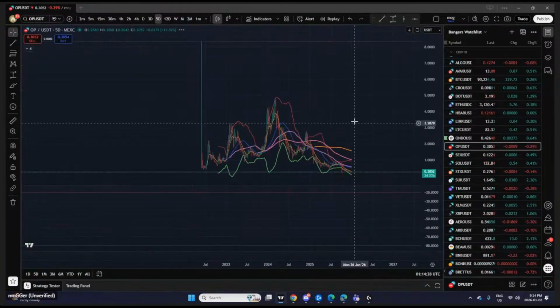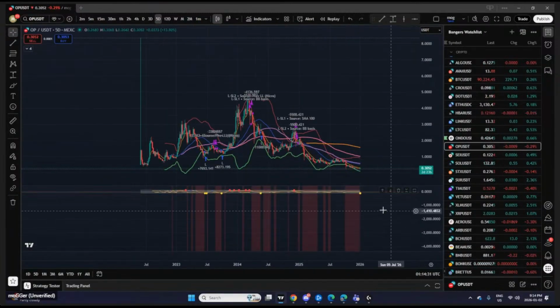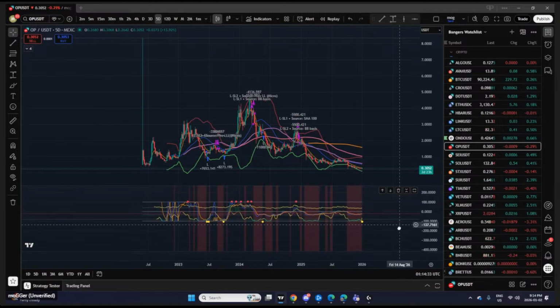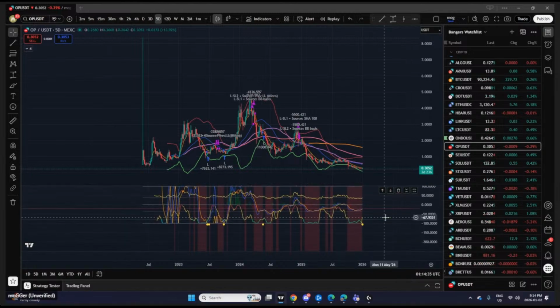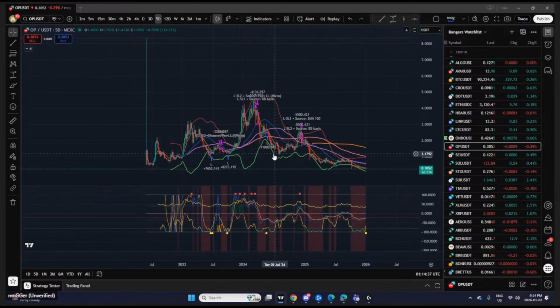With OP, the indicator might not be as accurate, but here you can obviously see it looks pretty good. This one you had to wait out a little bit, but that's a part of the game. Looks like you may have taken a little loss there too, but you made your money off of these moves.